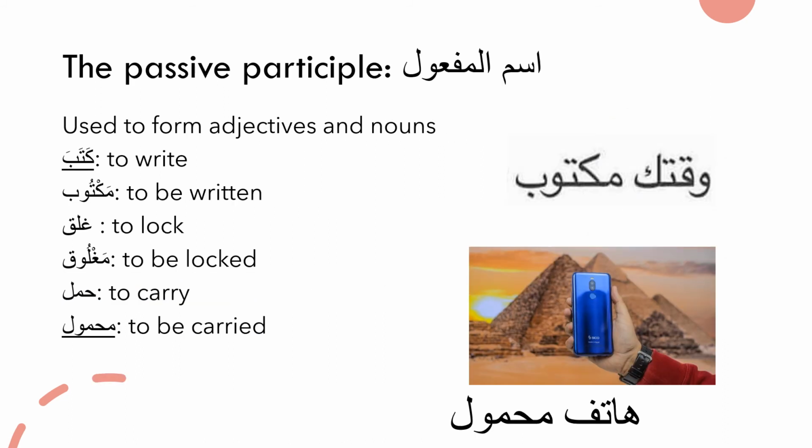And then our final thing that we need to learn is the ism ma'ful, and that's the passive participle. This is very useful to know because it forms a lot of adjectives and also nouns as well. So for example, we've got kataba, which means to write, and then maktub, which means to be written.